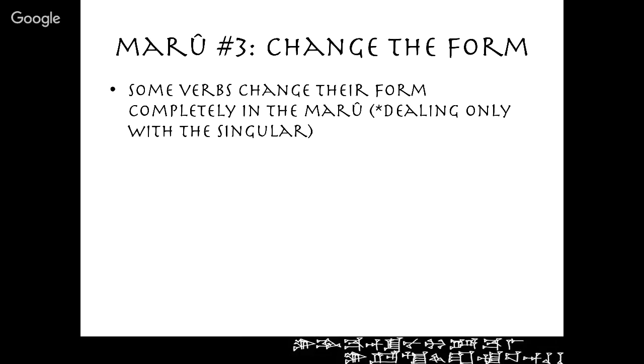So some verbs change their form completely in the Marû. Now here I'm only going to deal with the singular forms. So Sumerian has a Hamtu singular, a Marû singular, a Hamtu plural, and a Marû plural. Right? I'm only going to deal with the singular here. It's far more common, and this is an introductory lesson, so I'm trying to keep things simple so that you can get the basic idea.